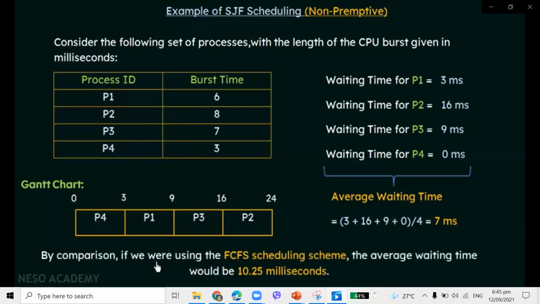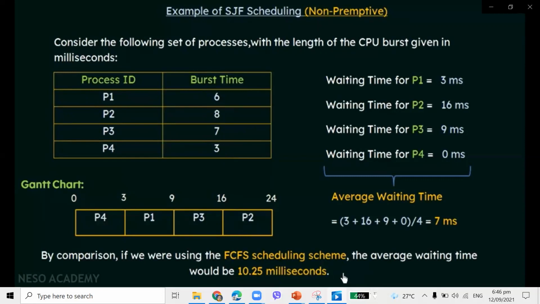Now by comparison, if we were using the FCFS scheduling scheme, the average waiting time would be 10.25 milliseconds. So if we were using the first come first serve scheduling algorithm for the same set of processes with the same set of burst times, then we would find that the average waiting time would have been 10.25 milliseconds.